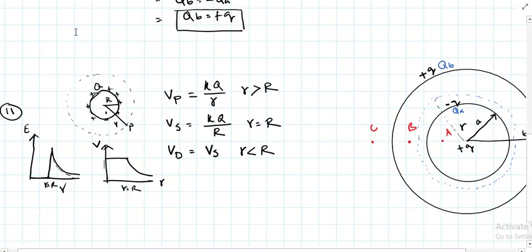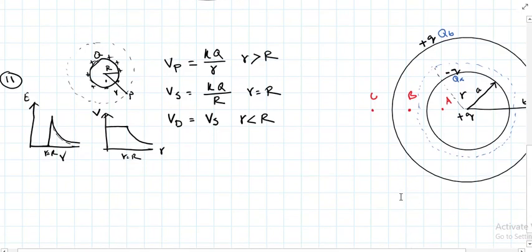So the electric potential at points A, B and C. Remember, the electric potential at each point has a contribution from all 3, since electric potential is a scalar.